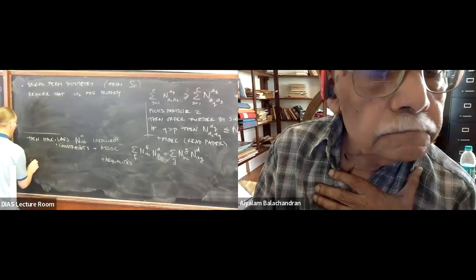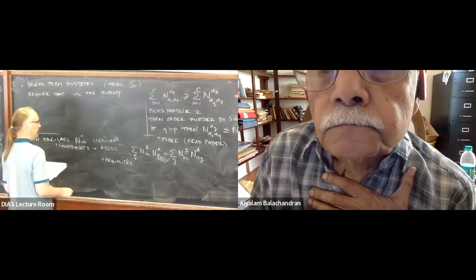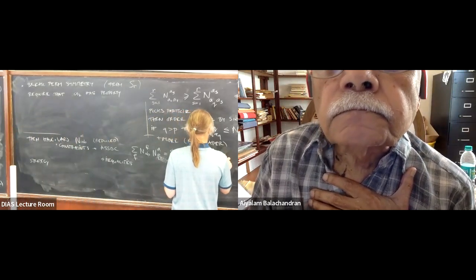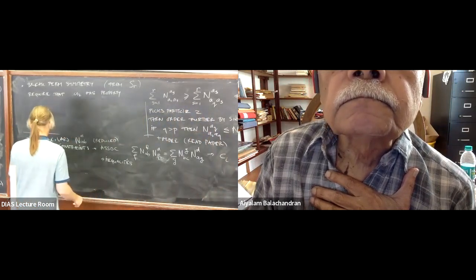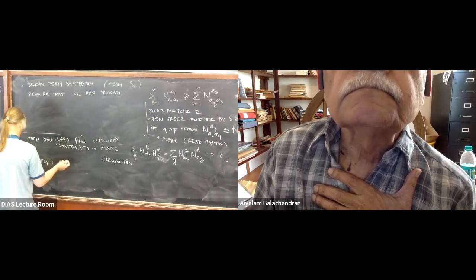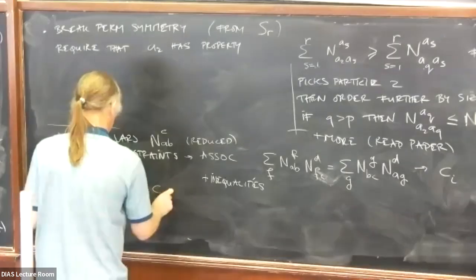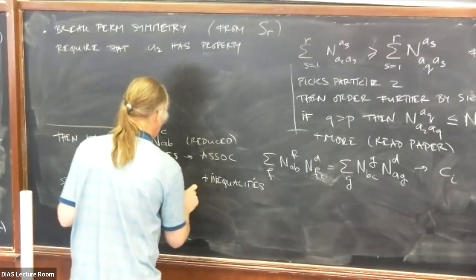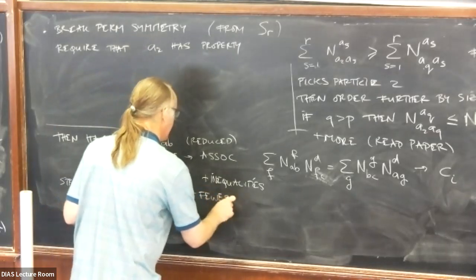So the strategy is now, we can call these constraints C and label them with some index I. So the strategy is find the C_I with the lowest number of unknowns in it, because it's the easiest to fill in.